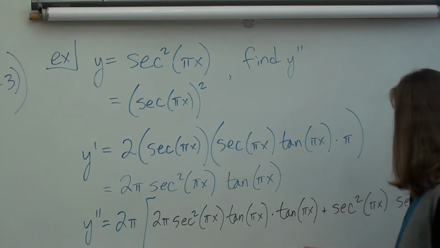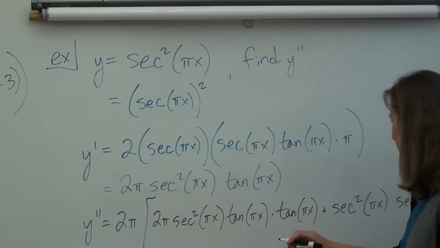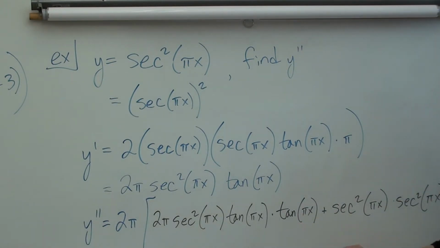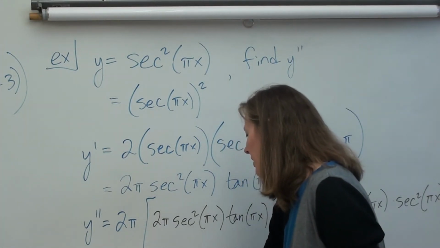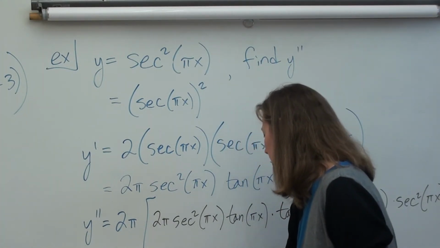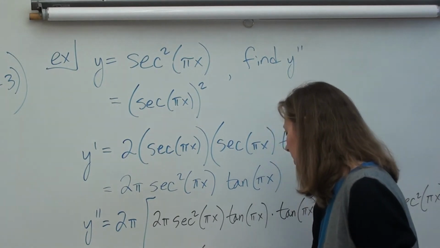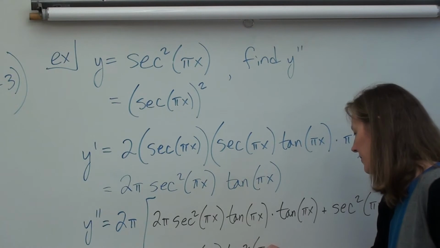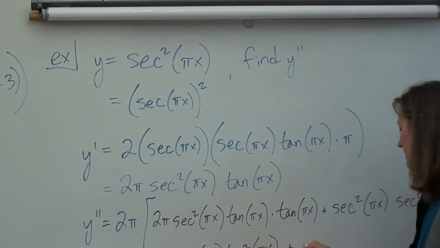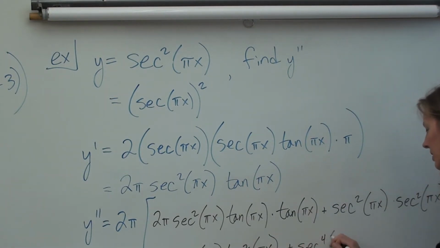So here's what we have. Alright, tan squared. You can have tan squared. So first, just kind of cleaning up for a minute, what we have is 2 pi secant squared tan squared plus secant to the 4th pi x times pi.